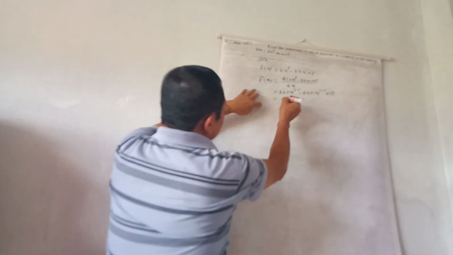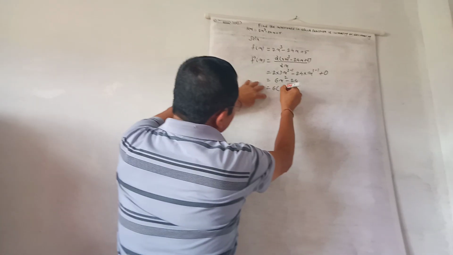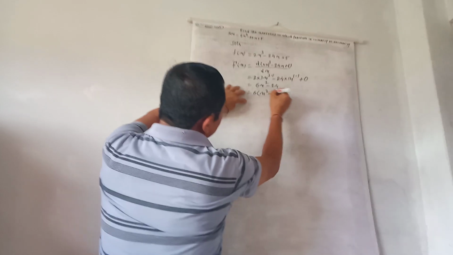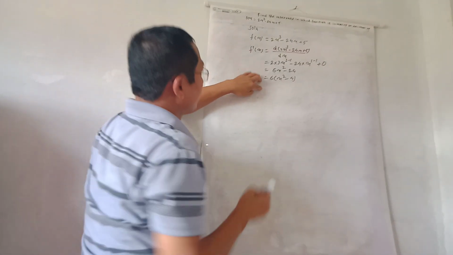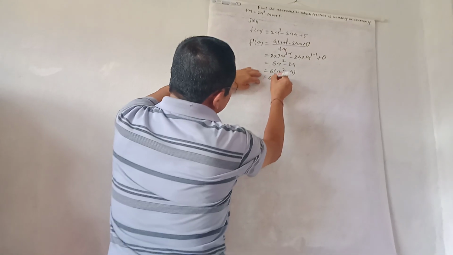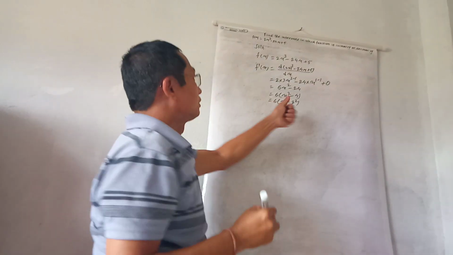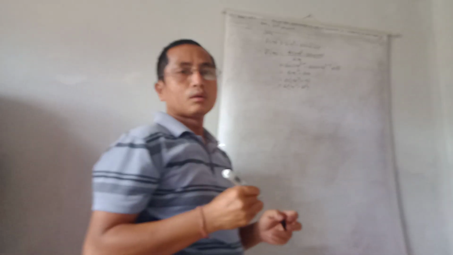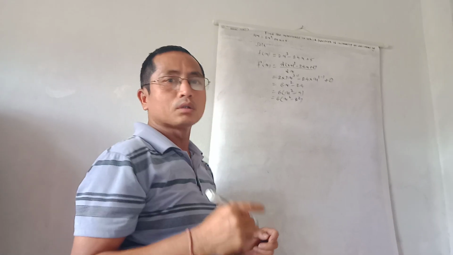So 6x squared minus 24. We can take 6 common, then it will be x squared minus 4, equal to 6 into x squared minus 2 squared, because 2 into 2 is equal to 4.